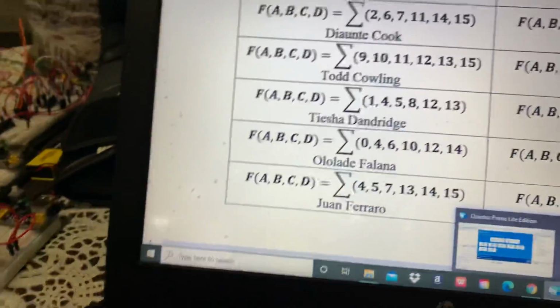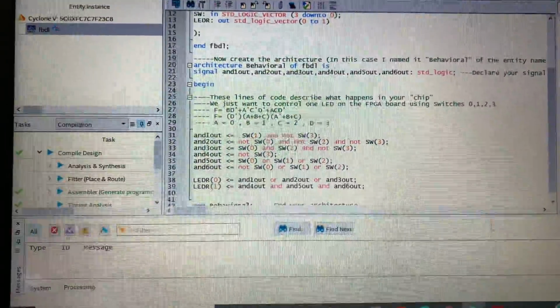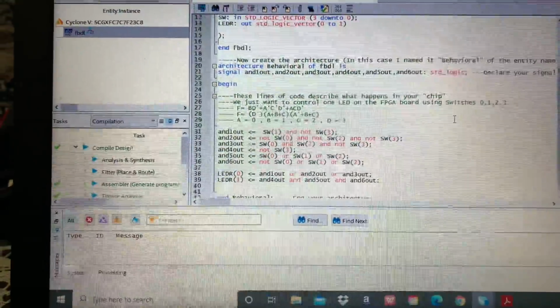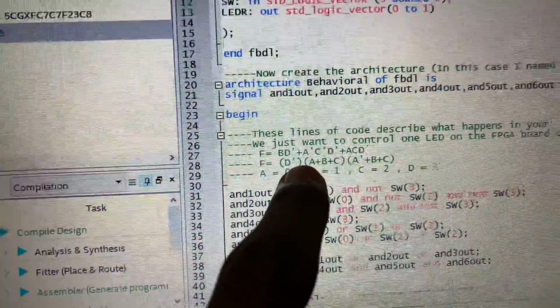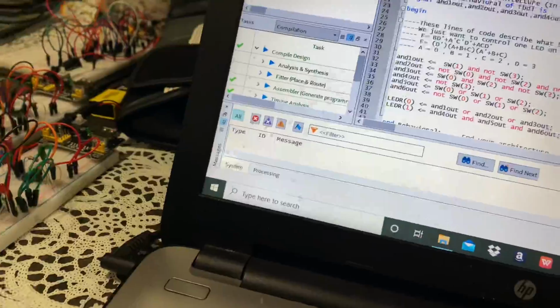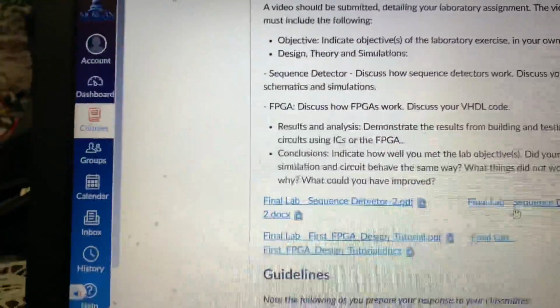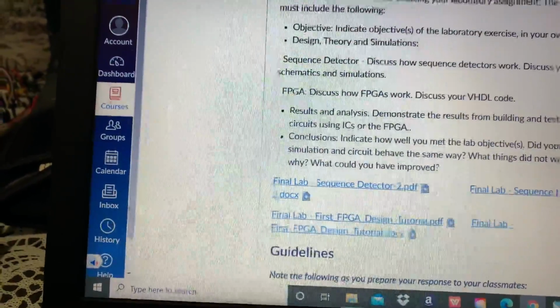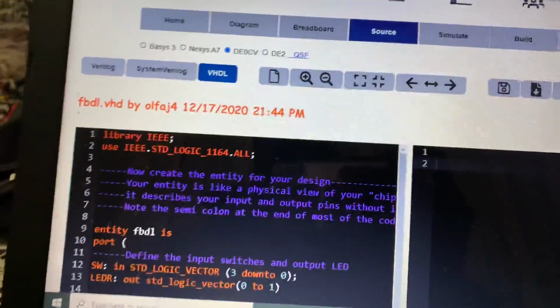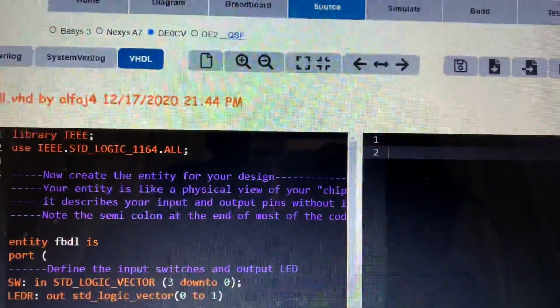So from Quartus, after deriving my code, we can see here that this is my minterm and maxterm. So after doing that, I went to my FPGA. The first thing I did was source.